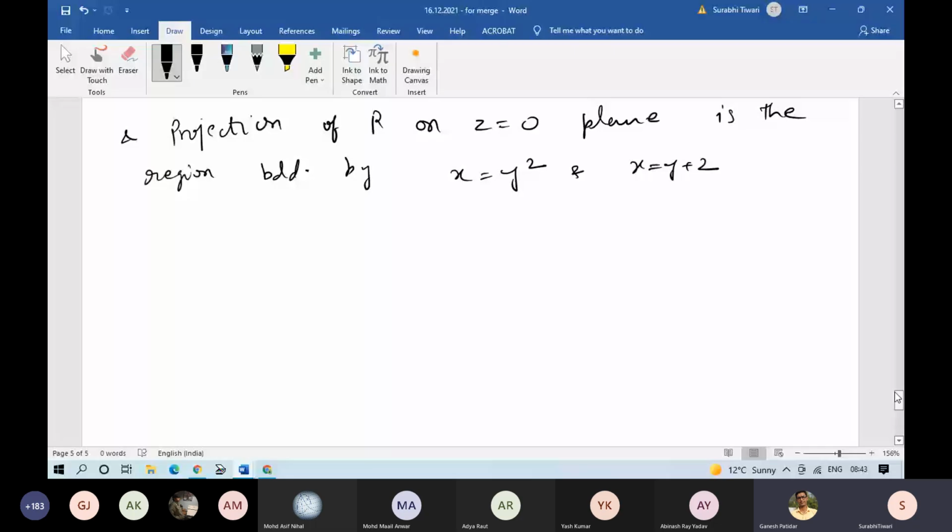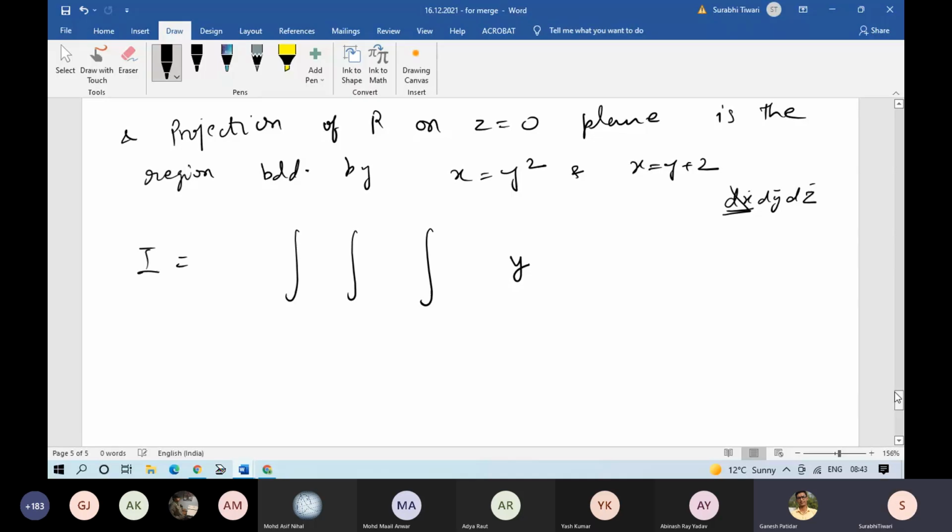इंटीग्रल है हमारा क्या, इंटीग्रल है हमारा y dx dy dz, ठीक. So if you are writing dx dy dz, means first you will calculate x. So x should be written in terms of y and z, ठीक.